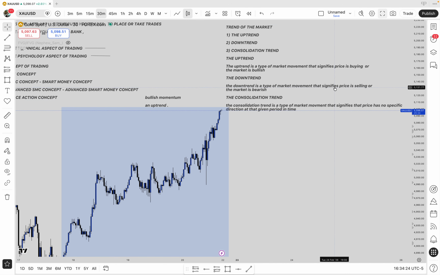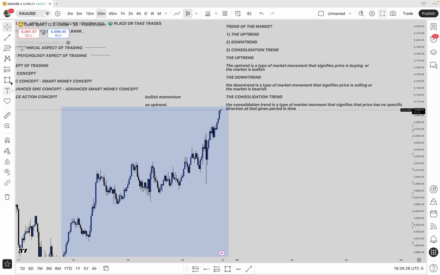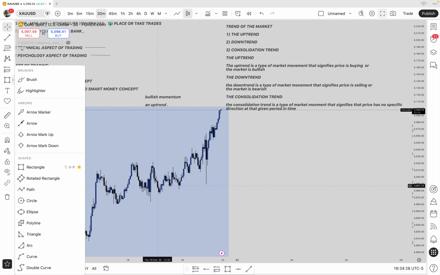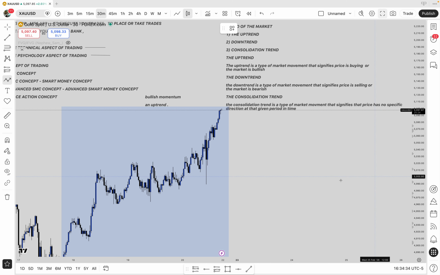So for example, let's say price is moving like this. When I say price, I'm talking about all these candlesticks and the numbers here. So let's say the market movement is like this. What is occurring here?